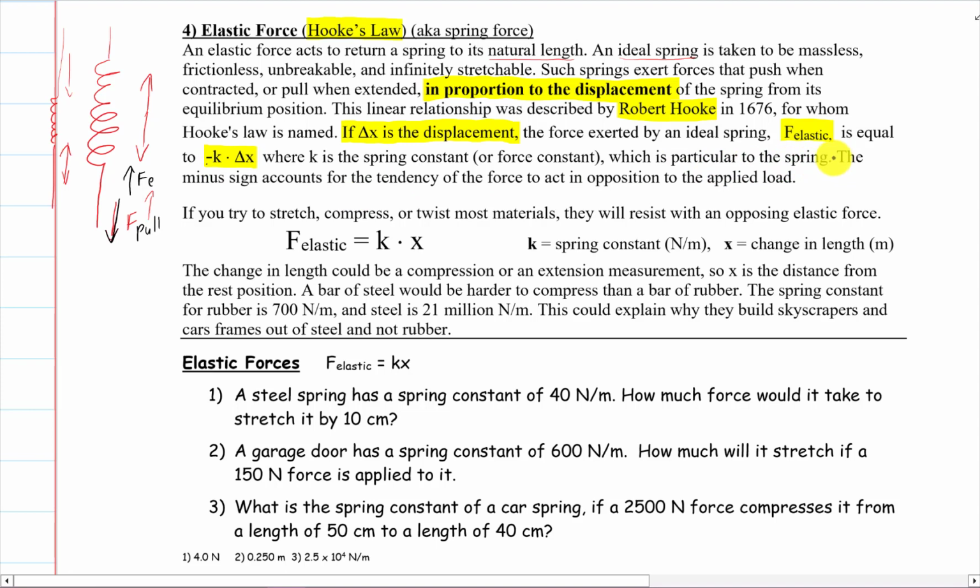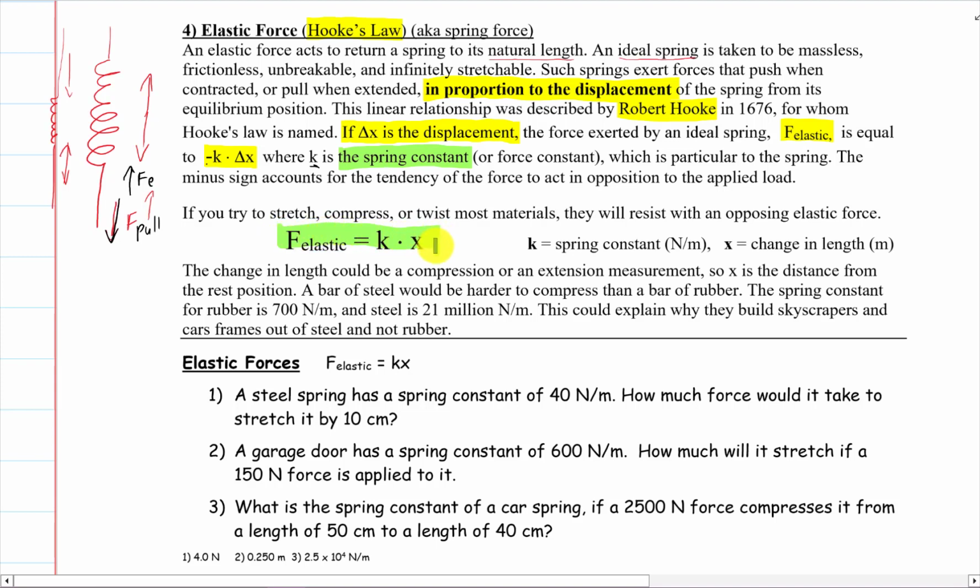And K is called the spring constant, and it has to do with that particular spring that you're pulling on, and it's basically how hard it is to pull it. So if you try to stretch or compress, we get this formula.